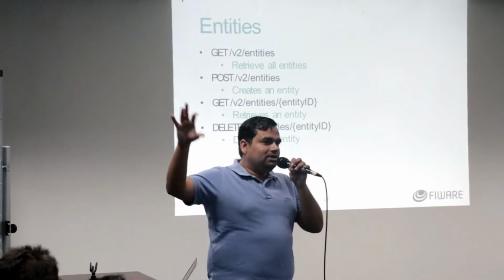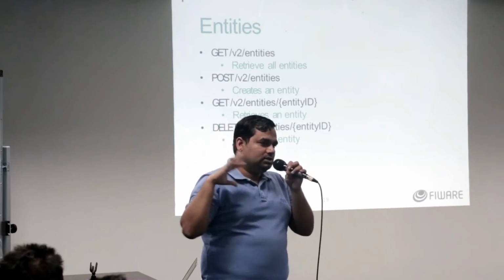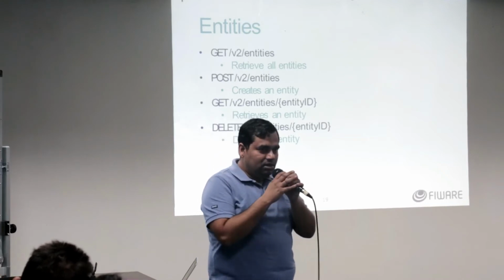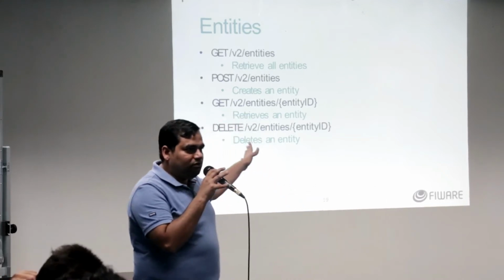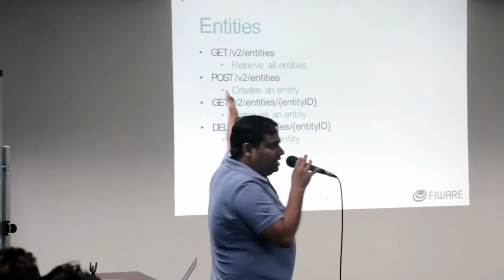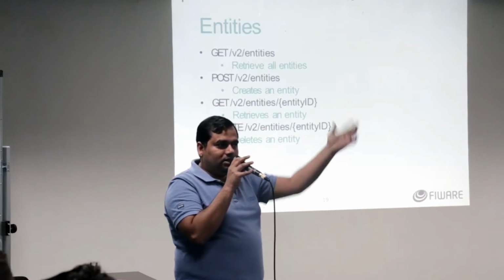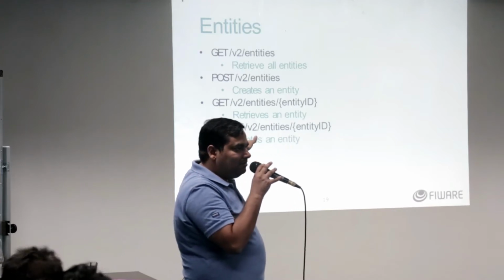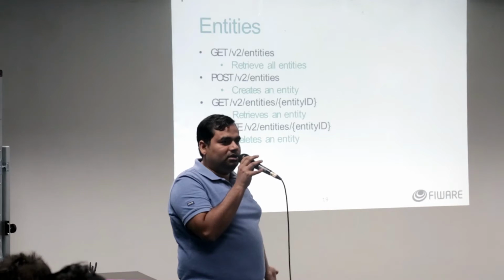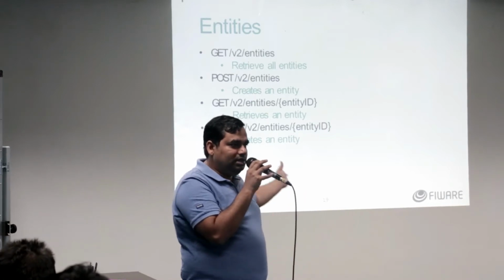So if you want to create this room in FIWARE, which is the context broker we are talking about, you will use post. Let's remember it this way: post is for creation. If you want to get the current state, it's get. If you want to delete this room from the context broker, you use the delete verb.